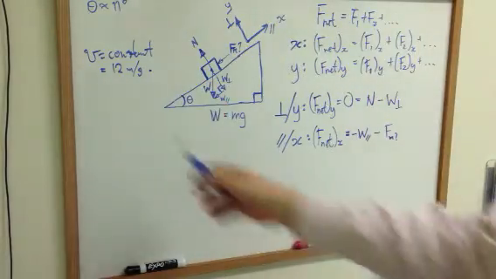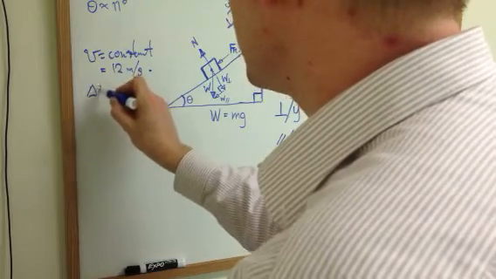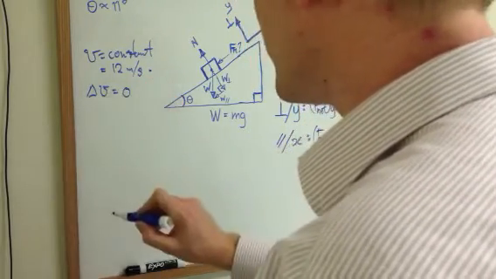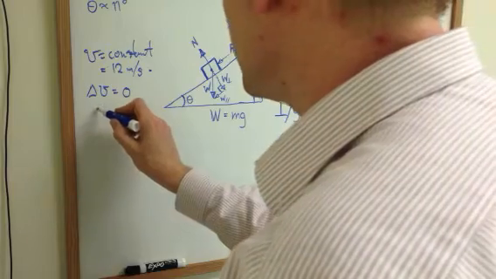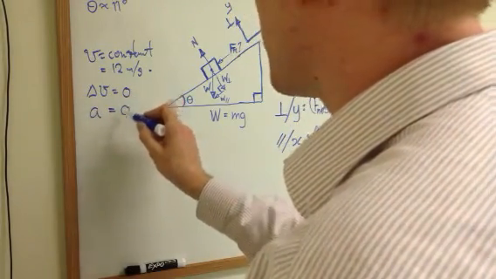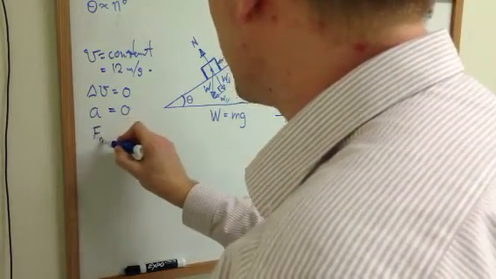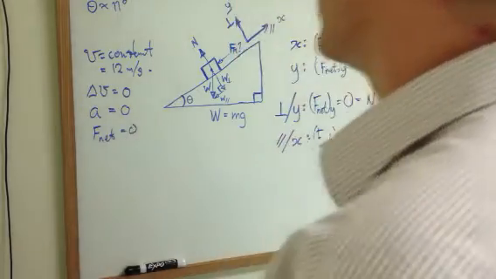What's important is that the velocity is a constant. And if the velocity is a constant, the change in velocity is 0. This means the acceleration is equal to 0, and since F equals ma, the net force is also equal to 0.